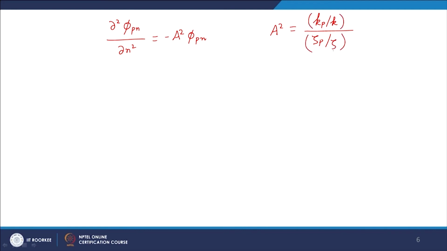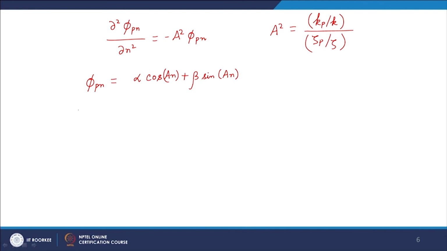The general solution of this will be phi_p(n) is equal to alpha cos(an) plus beta sin(an), where alpha and beta are arbitrary constants.